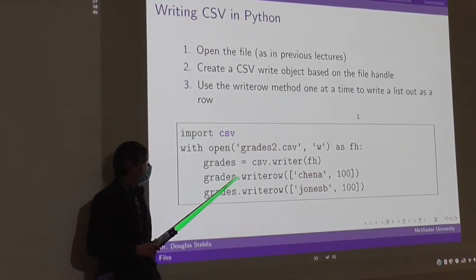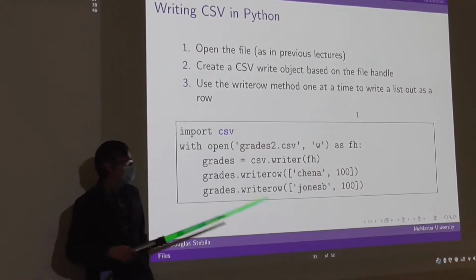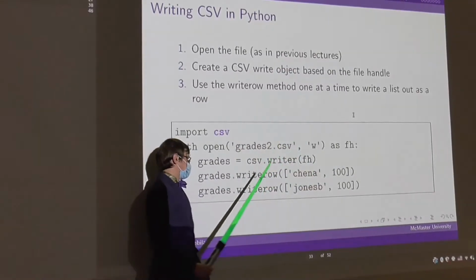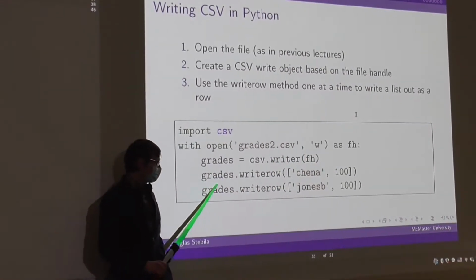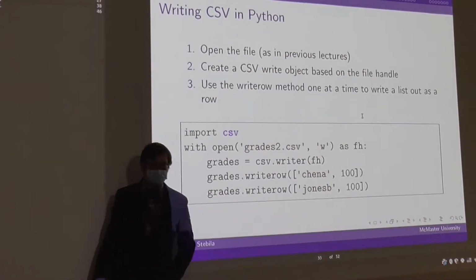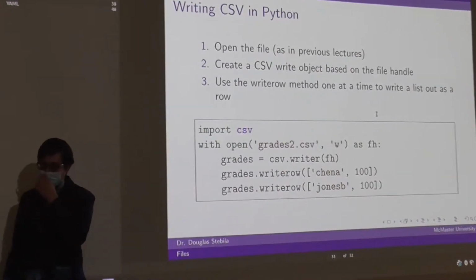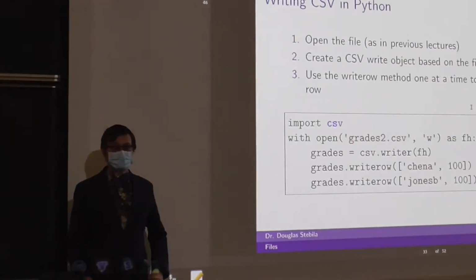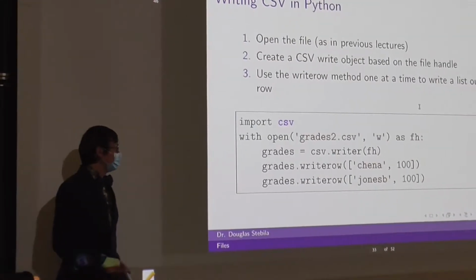So rather than writing directly to the file handle, we are writing to the file handle through the CSV writer object that we've just generated, right?